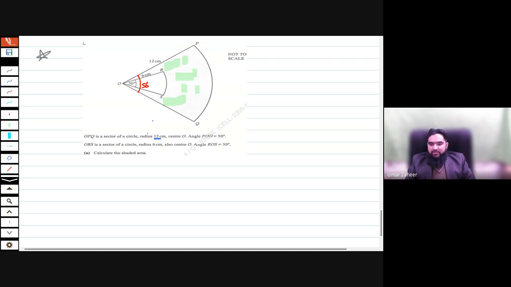So again, we have to use the same technique. We find the area of the bigger sector and subtract the area of the smaller sector, and we get the required area. That will be equal to area of larger sector minus area of smaller sector. What is the formula for area of sector?